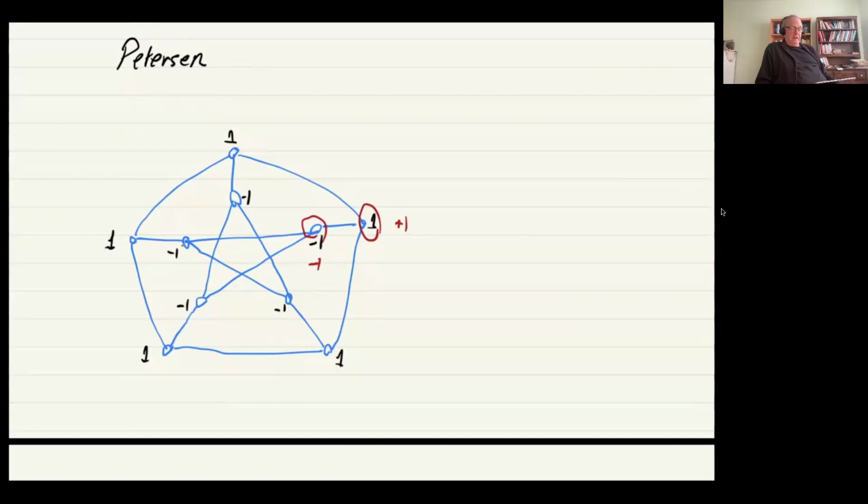Now, you can more or less see by symmetry that this is going to work all the way around. And so what we get is an eigenvalue one. And the corresponding eigenvector is 1 on the outside cycle and minus 1 on the inside 5 cycle.